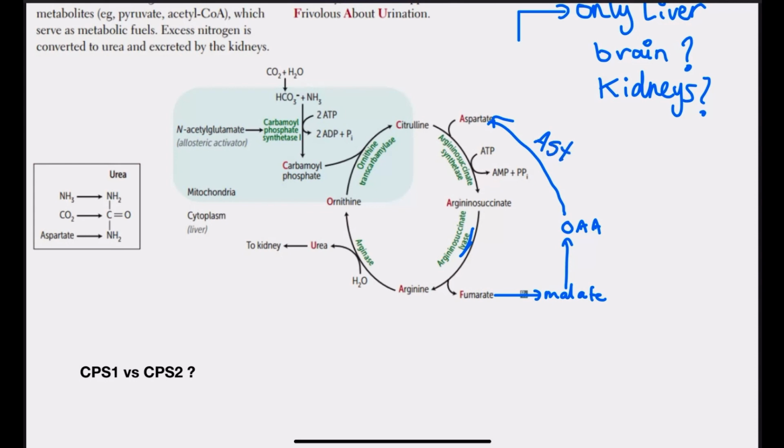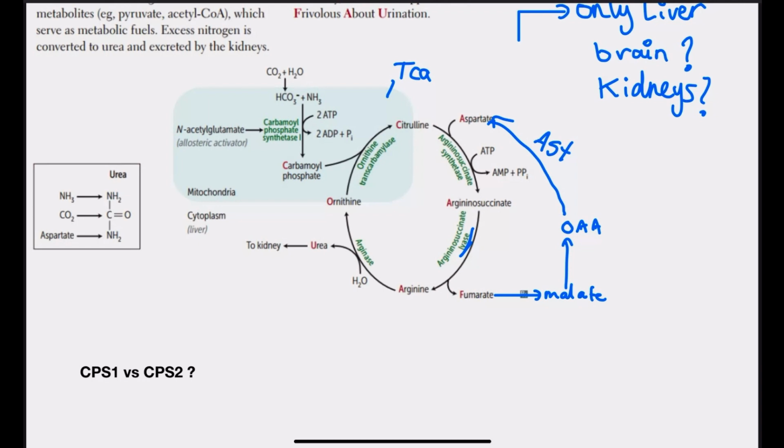This can reform aspartate and the cycle keeps going. These are all intermediates of the TCA cycle. So it's weird, isn't the TCA cycle supposed to occur in the mitochondria? We have the same isozymes in the cytoplasm, so the same steps can occur outside. We have fumarase, we have malate dehydrogenase. So things can happen outside and the cycle keeps repeating.